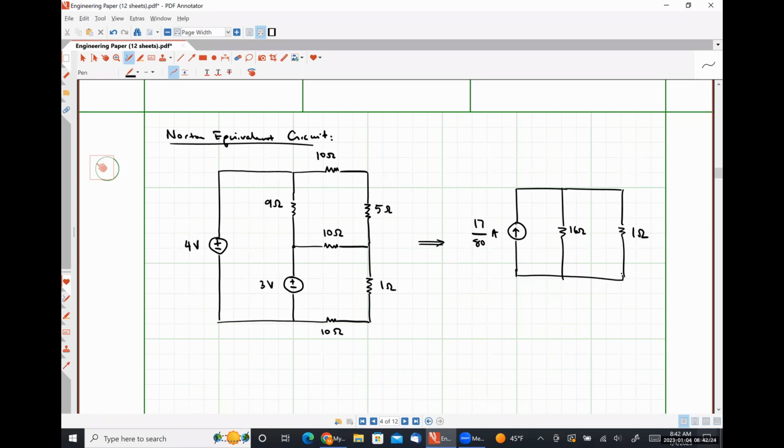Our Norton current in parallel with our Norton equivalent resistance in parallel with the resistor that we were interested in. And then from here, we can infer that the Norton equivalent circuit and the Thevenin equivalent circuit must be electrically equivalent to each other, since they are both equivalent to our larger circuit.